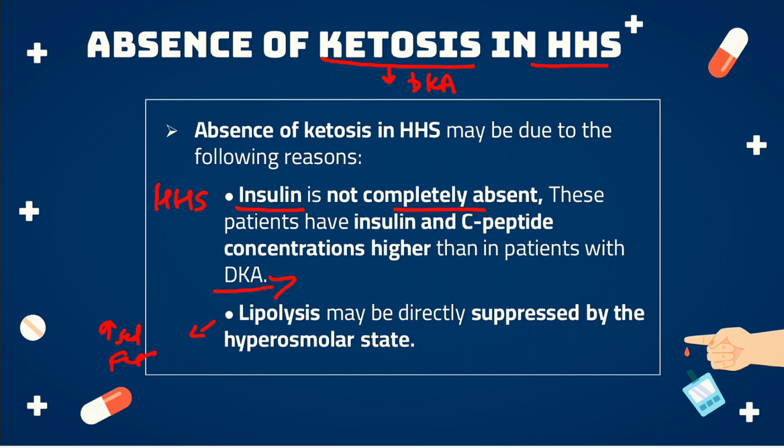As in HHS there is a hyperosmolar state, meaning there is an increase in glucose level, there is no need for this destruction of the fats or adipose tissue, and this will not cause lipolysis, and this will not lead to ketosis.